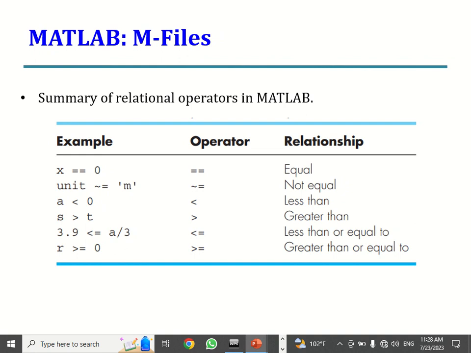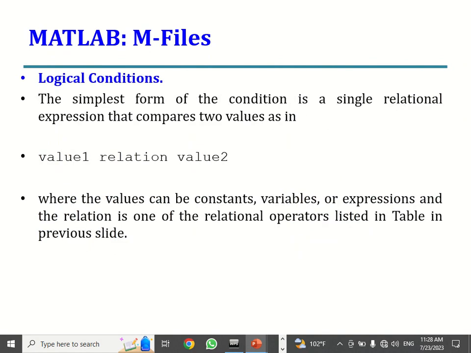Okay, the single form of comparison is a single relation. So you are just comparing one condition, that's it. You are just using one condition. Value A equals to value B, value A greater than value B, value A greater than or equal to value B. This is what? Single conditions.